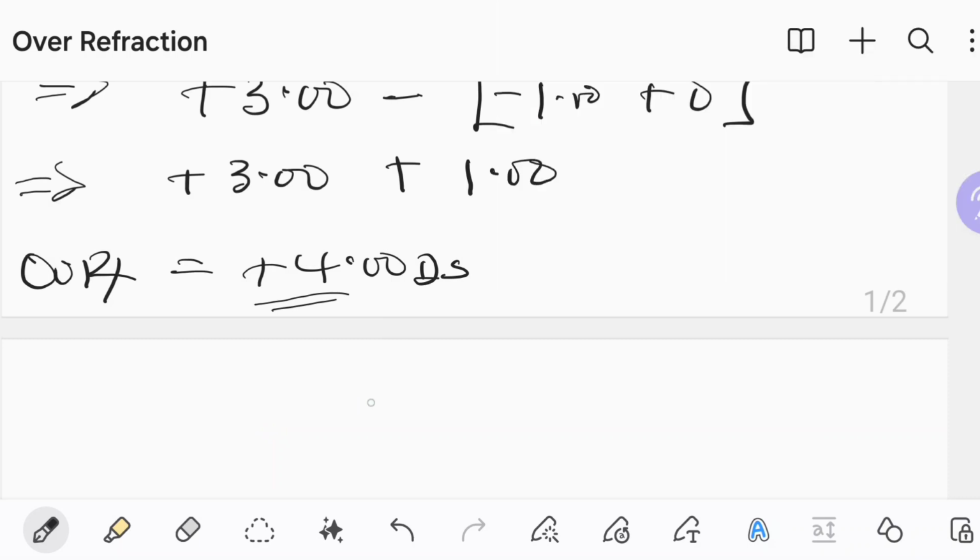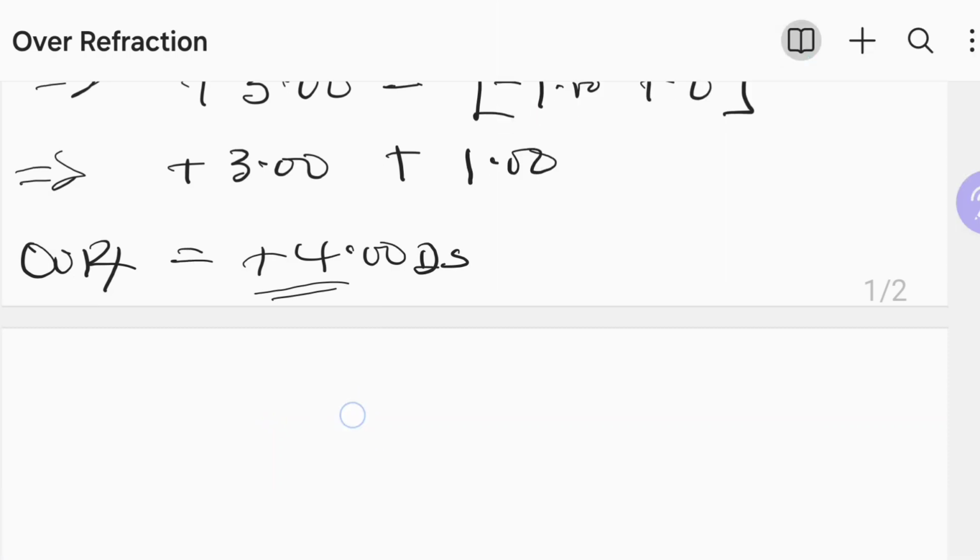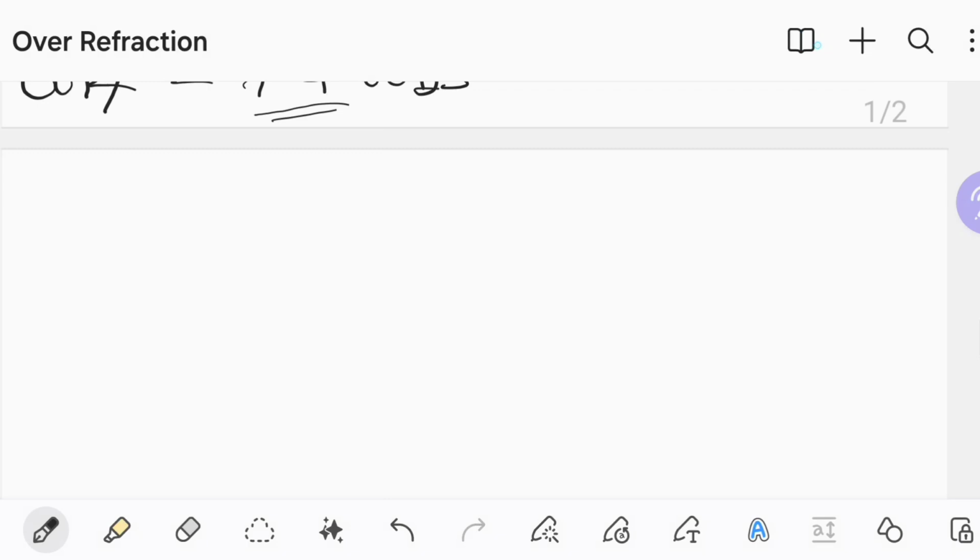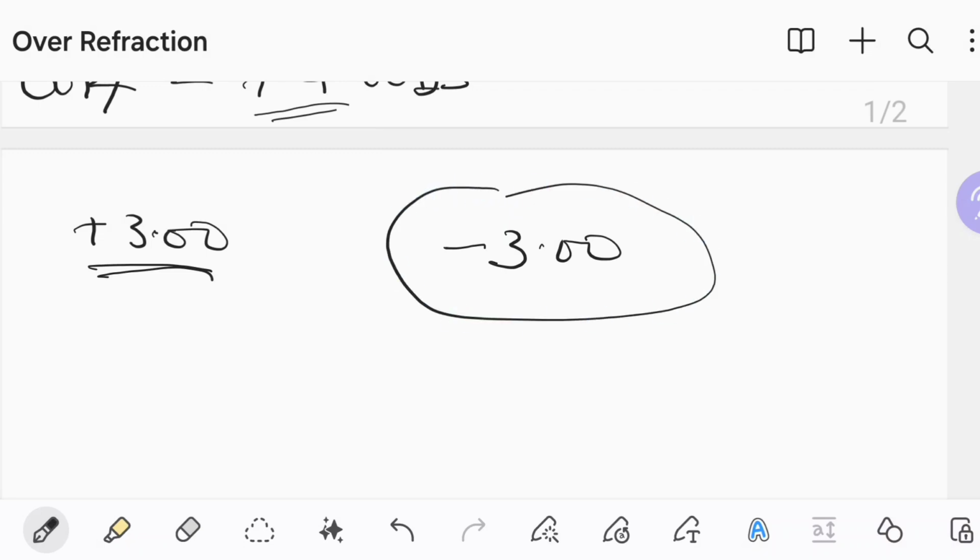To explain this in simple terms, for us to understand again, a patient has a prescription that is up to plus 3.00. An eye that wears plus 3 means that eye is originally a minus 3 eye. That is why you used plus 3 to correct the eye.